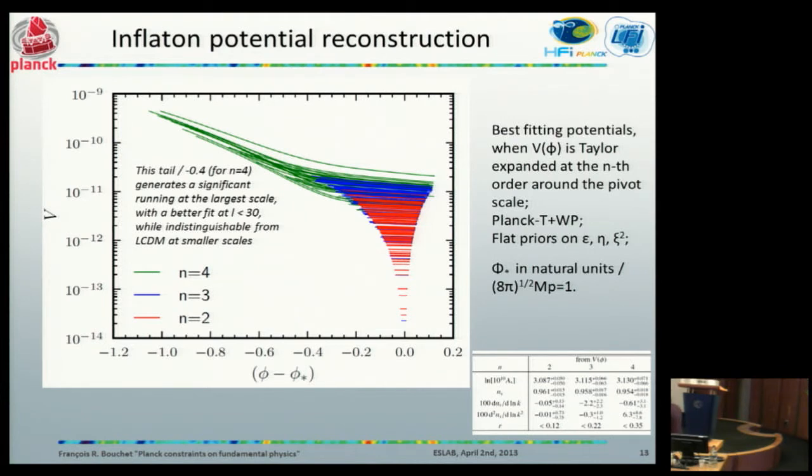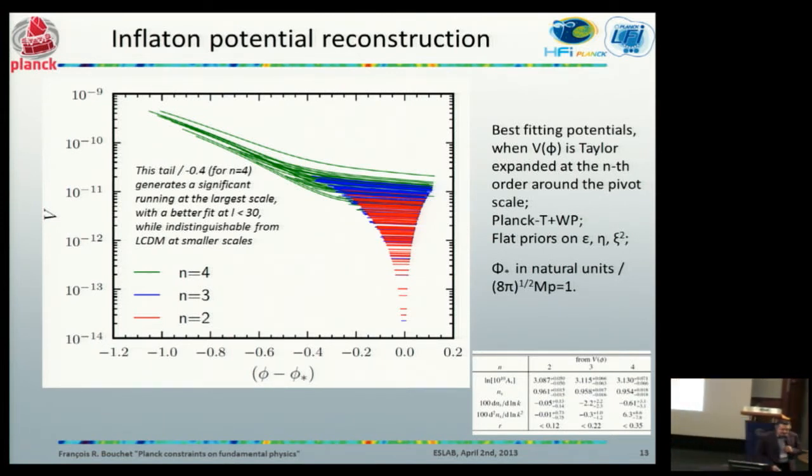What you can see there is that when you go to fourth order, quartic potentials, it develops a tail. What this tail is doing is giving you something that is not described by slow roll, which is actually helping to fill the smaller scales, this tension that we've seen before. So this indication is precisely what is being pulled by these low multipoles that we've discussed earlier.